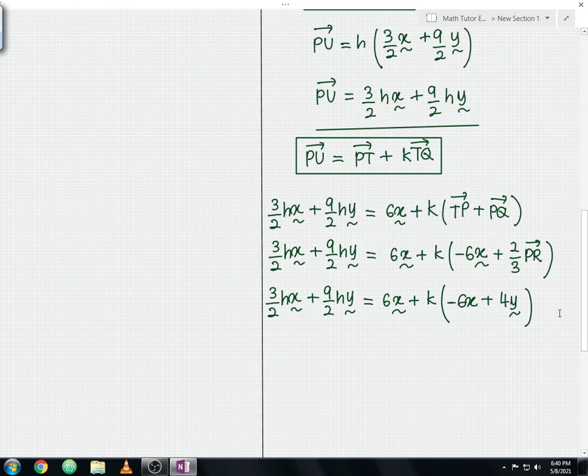So for the next step, what we're going to do is the constant k we're going to times in. So this 3 over 2 hx plus 9 over 2 hy, which in this case the left hand side still remains the same. So let me copy paste this.